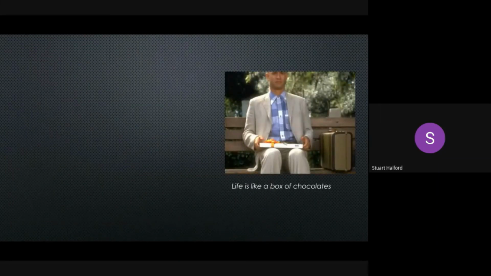Image then of Tom Hanks as Forrest Gump, who famously said, "Life is like a box of chocolates." He was always given that line to say, rather. So obviously life is not like a box of chocolates.